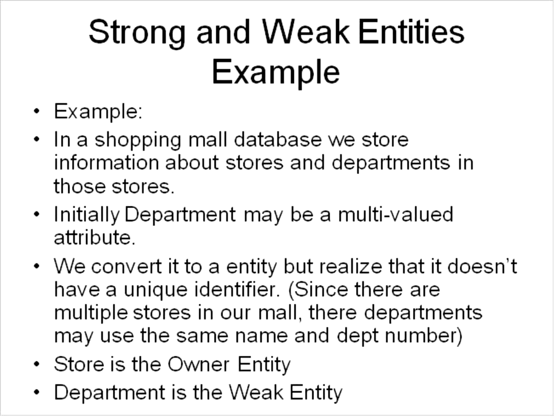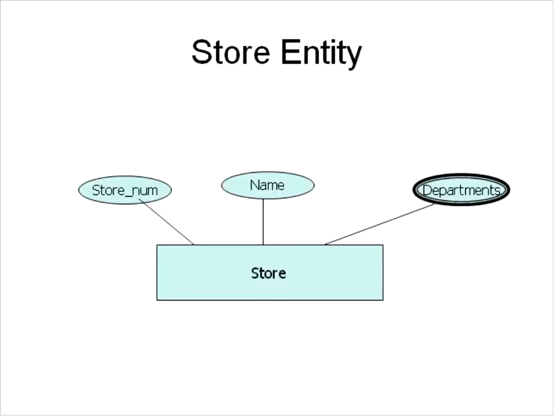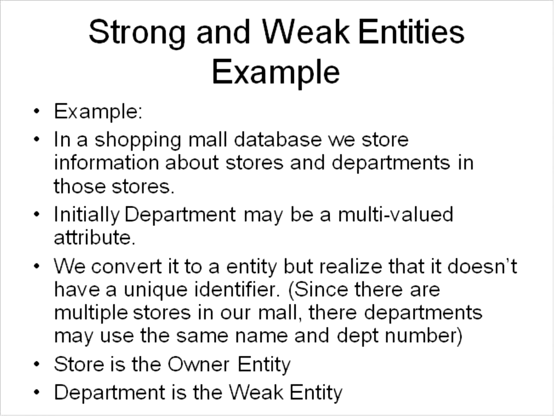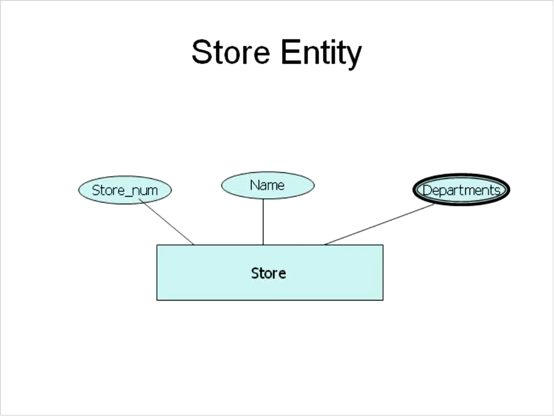I'll move forward on the slides a little just to keep in parallel with ideas. On slide 5, we talk about how initially a department may be a multi-valued attribute, but once we realize that it's a weak entity, we convert it to a weak entity, and department becomes a weak entity.